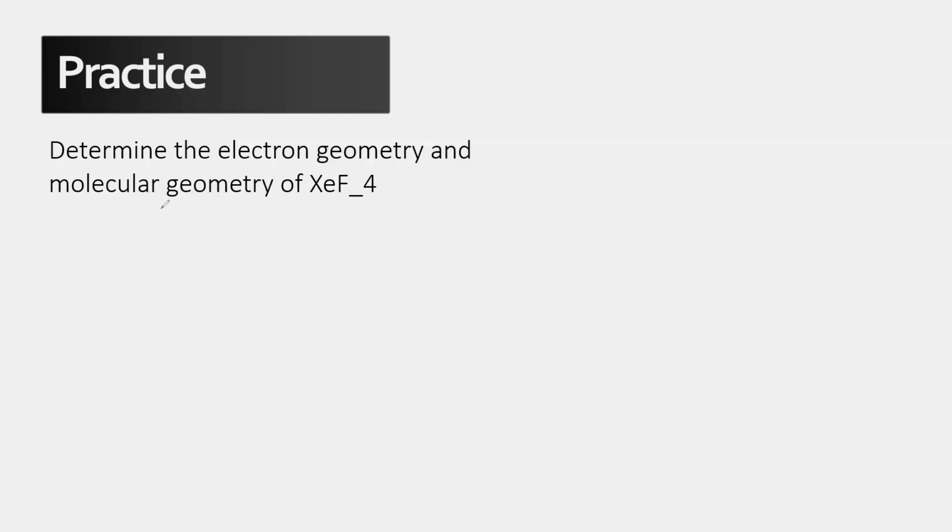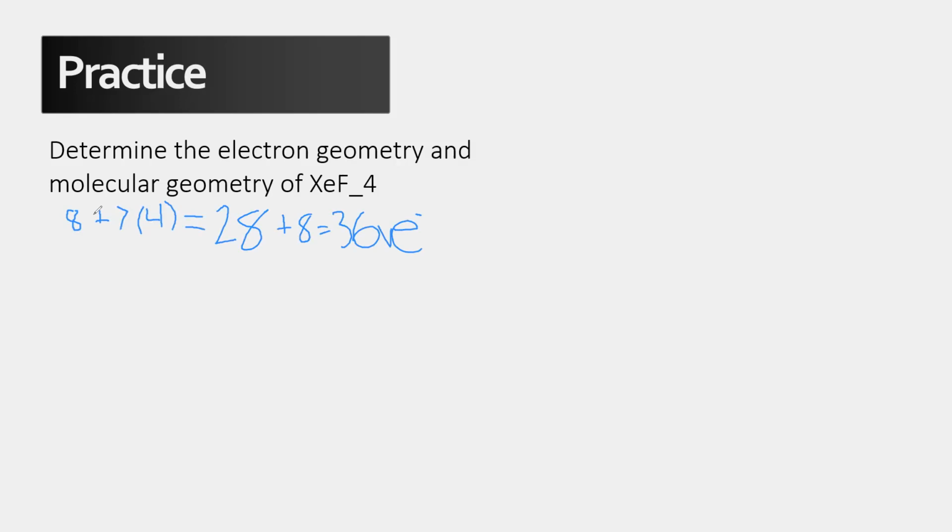Xenon is a noble gas, so it has 8 valence electrons. Fluorine is a halogen, so it has 7 valence electrons. So we do 8 plus 7 times 4, because there are 4 atoms of fluorine in this molecule. In total, 28 plus 8 equals 36 valence electrons.